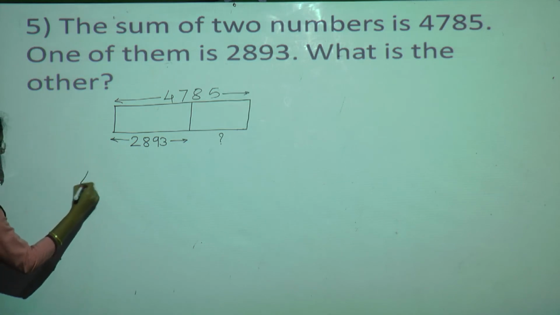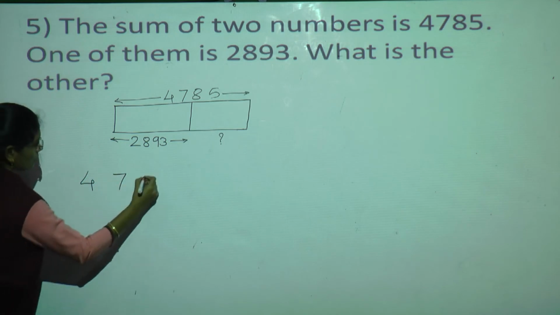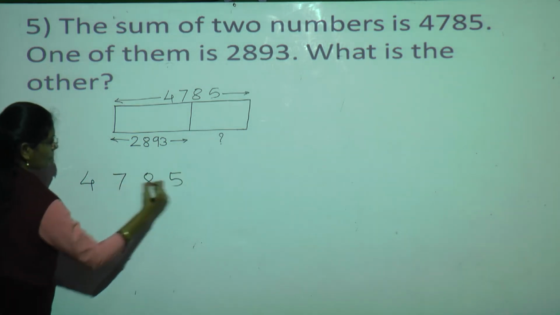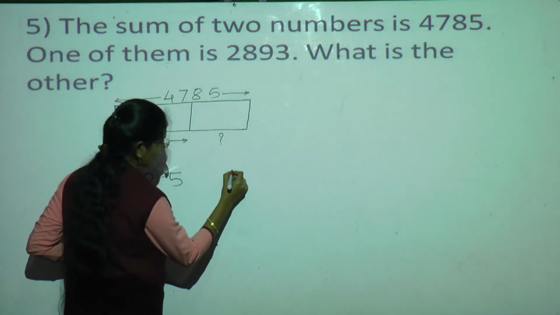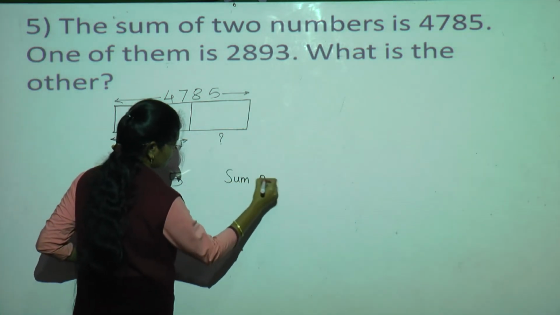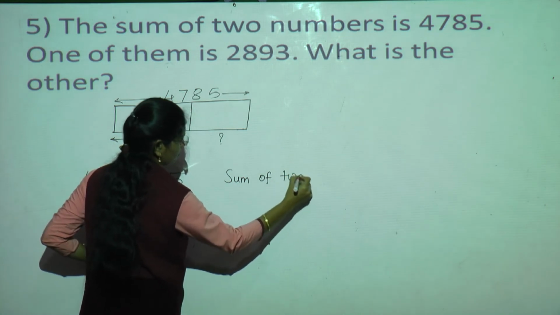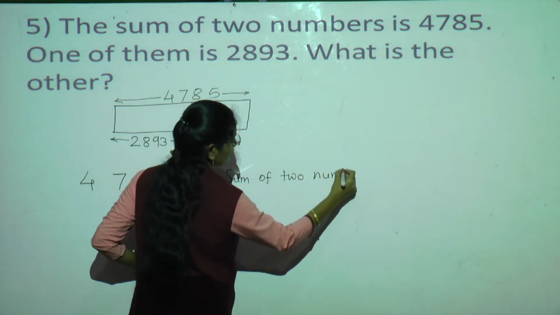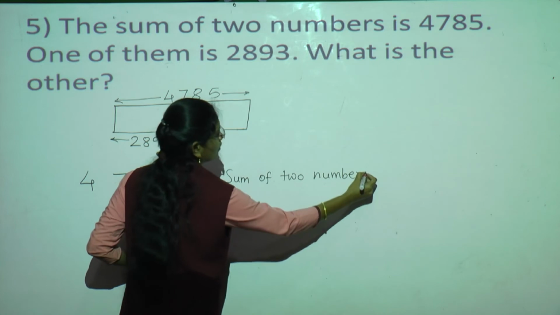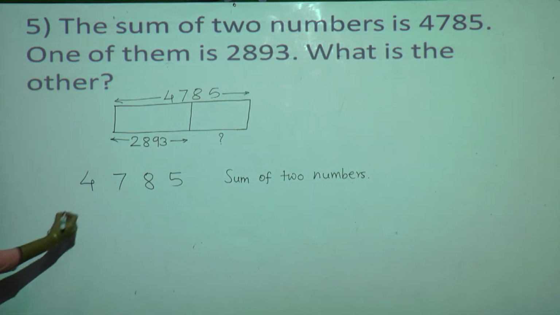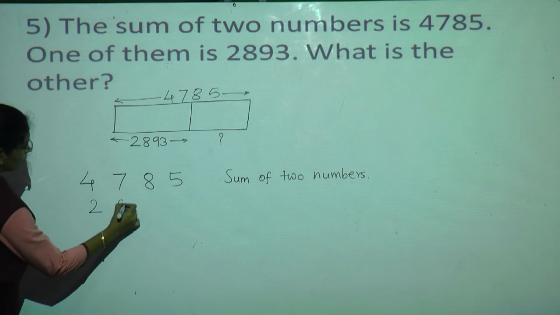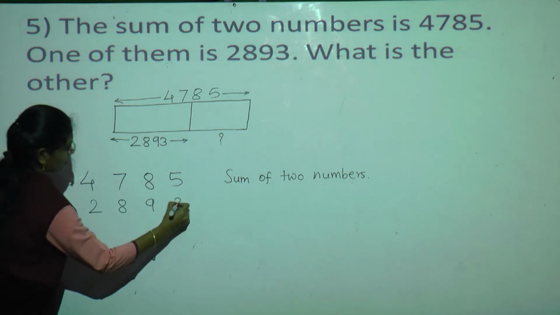Okay. So what is the total number of what is the sum of numbers? 4785. Okay. So first of all we will write this number 4785. This is the sum of two numbers. So here you can write sum of two numbers. Now what is the first number, or one of them is 2893.